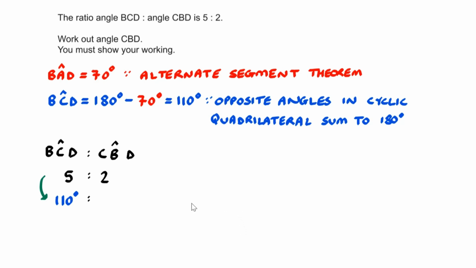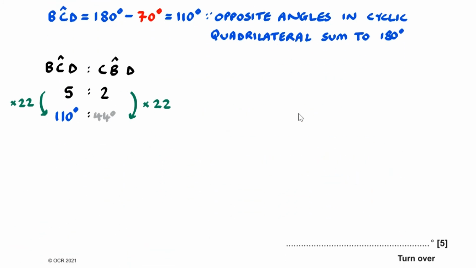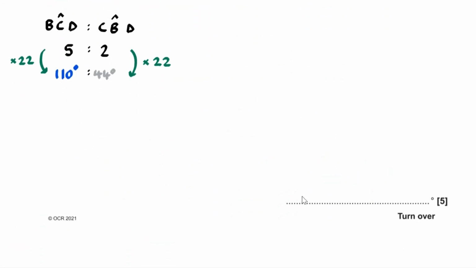Well, that will be 22, which means I also need to multiply the 2 by 22, leaving me with 44 degrees. The angle CBD, this angle here, is therefore equal to 44 degrees. So we have 44 degrees.